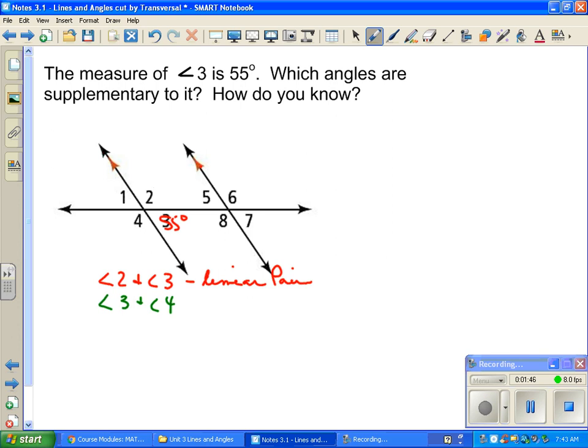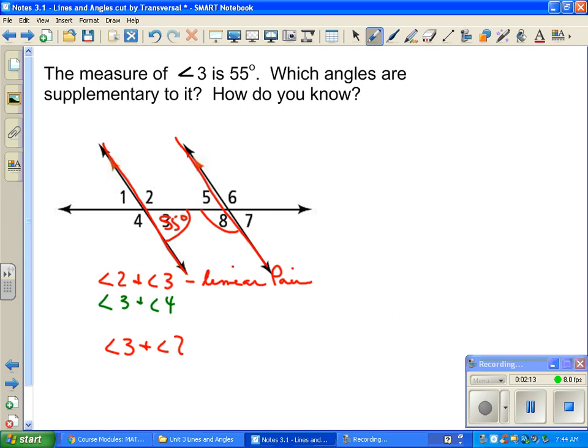Another kind of angle that we have is called same side exterior and same side interior. And since our two parallel lines have angle 3 between them, that means it's on the interior. So if I'm on the same side of my transversal, I would have angle 8 as the other angle to add up to 180.